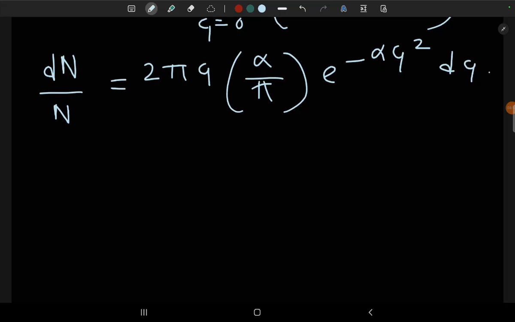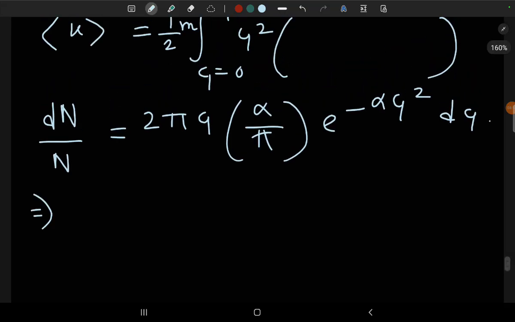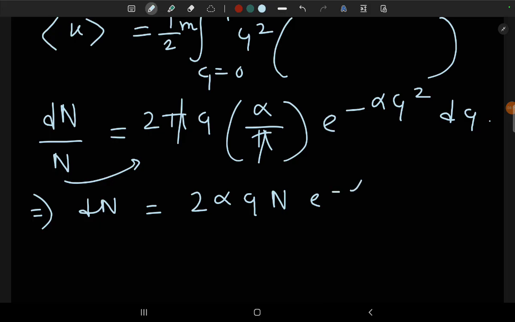This was our dn by n. So we can take this n over here. Let's cancel the pi's, giving 2 alpha c1 n e to the power minus alpha c1 squared dc1.